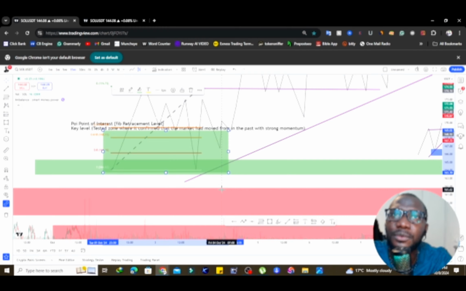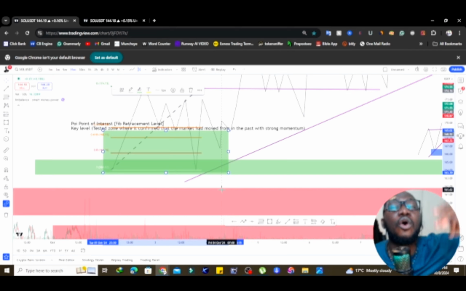The only reason people tell you to look at 50, 61.8 Fibonacci retracement levels is that most times people believe that when the market moves in a strong momentum, it will lose 50% to 60% of its move and continue up. There are times that it doesn't even come to 50% or 60%. It just does a 31 or 30% retracement and continues to go up.